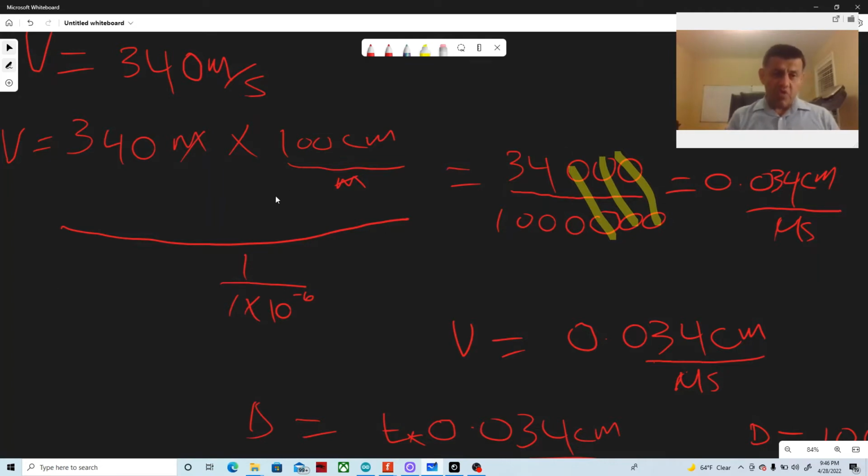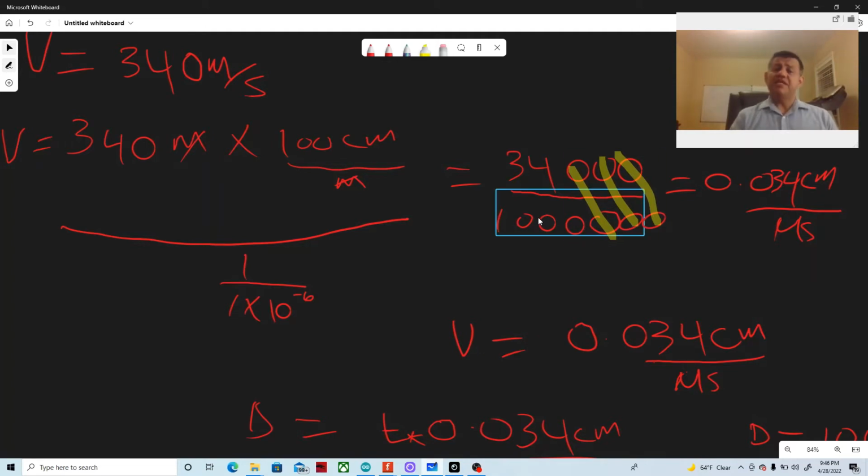We say that was meters per second initially, and then we come over here and divide the meters per second: 1 second divided by 1 times 10 to the minus 6, which are microseconds. That number is a big number.